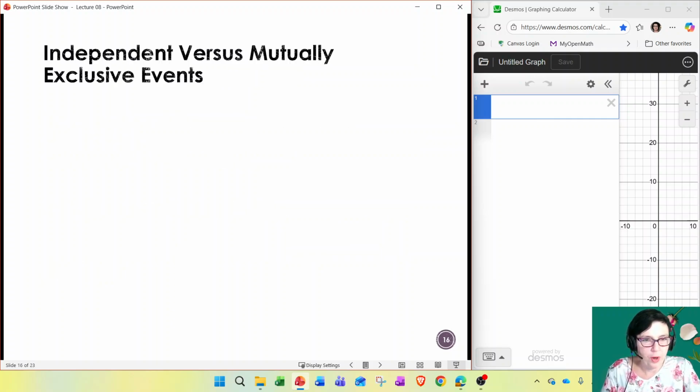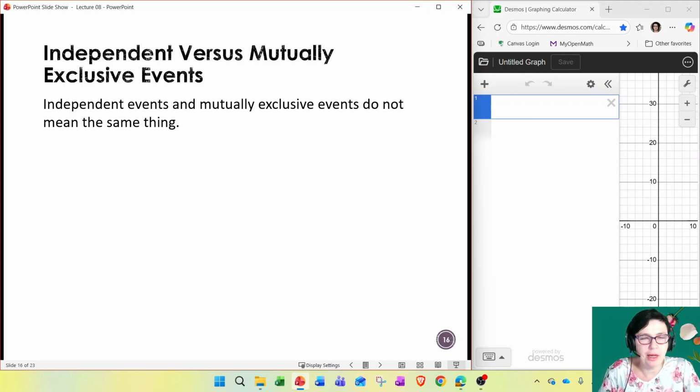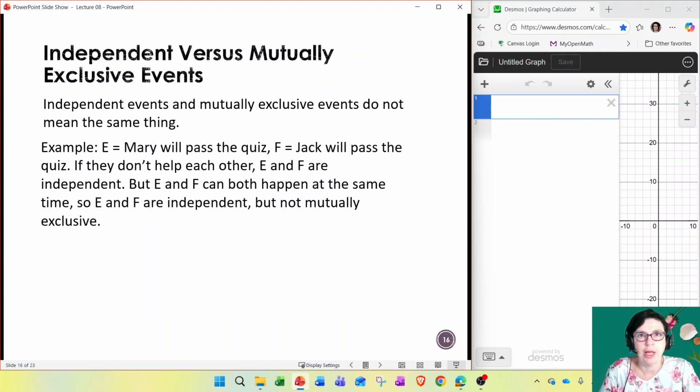Now, one thing that people a lot of times mix up is the idea of independent versus mutually exclusive events. These are not the same thing. Just to give you two examples, let's say example one is that Mary will pass a quiz, and F is that Jack will pass the same quiz. If they don't help each other, these two events are going to be independent, right?